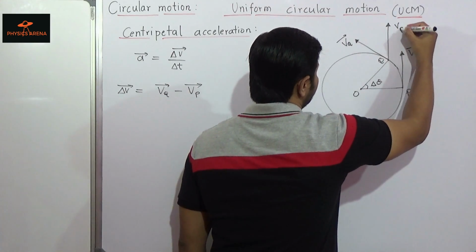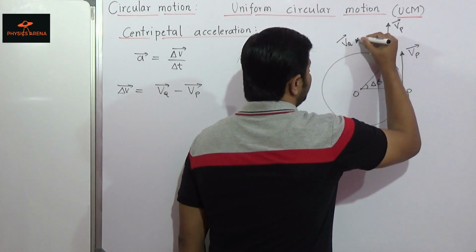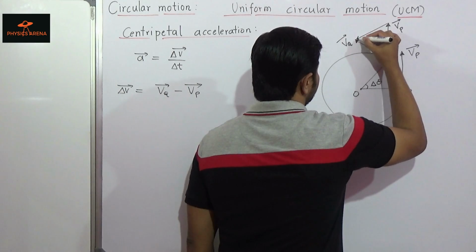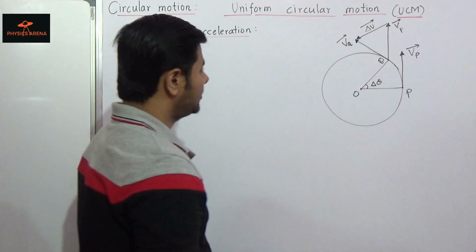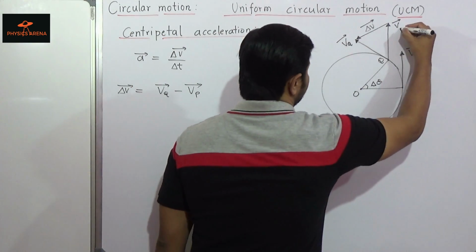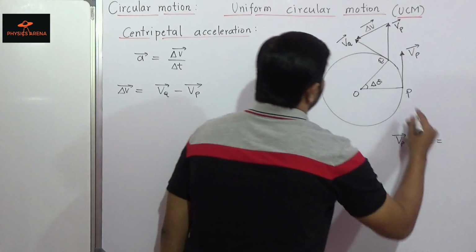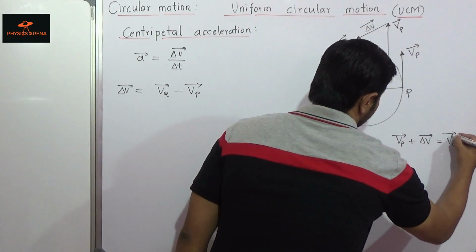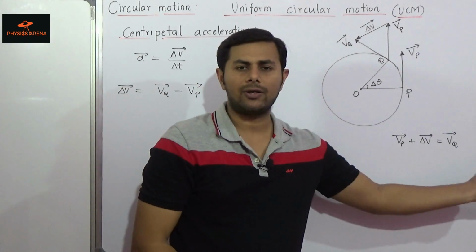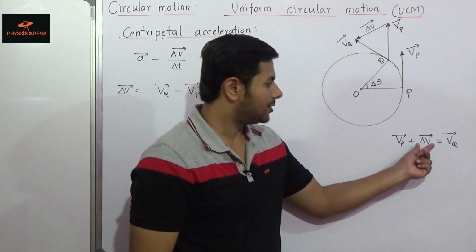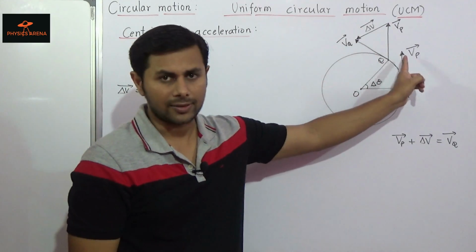So that's my VP bar, and you can convince yourself that the change in velocity will be directed like this. This is delta V bar. Since we can say VP bar plus delta V bar is equal to VQ bar, using the triangle law of vector addition, and we can take VP bar on the other side, and we have delta V bar, which is VQ bar minus VP bar, represented by this vector.